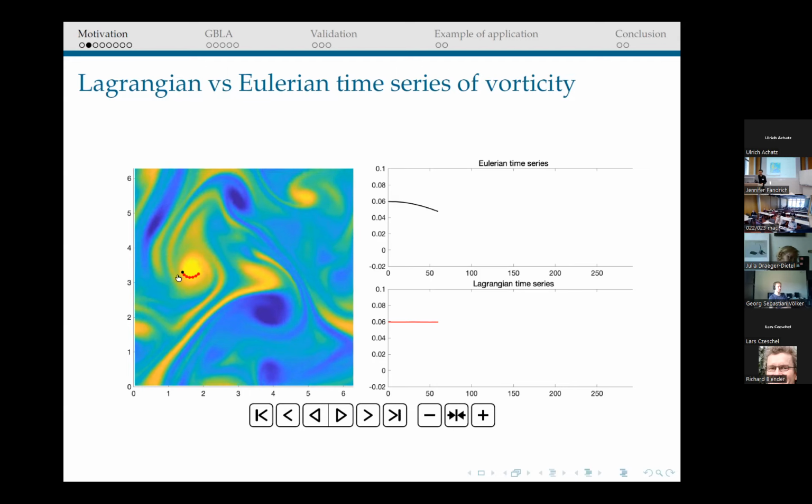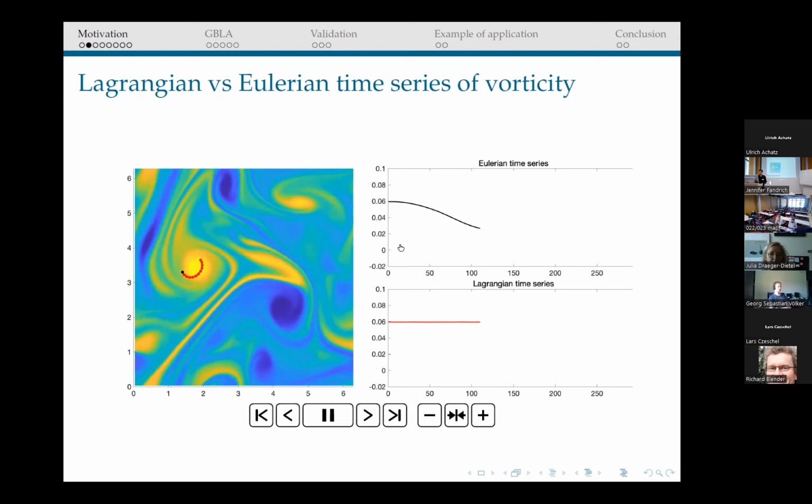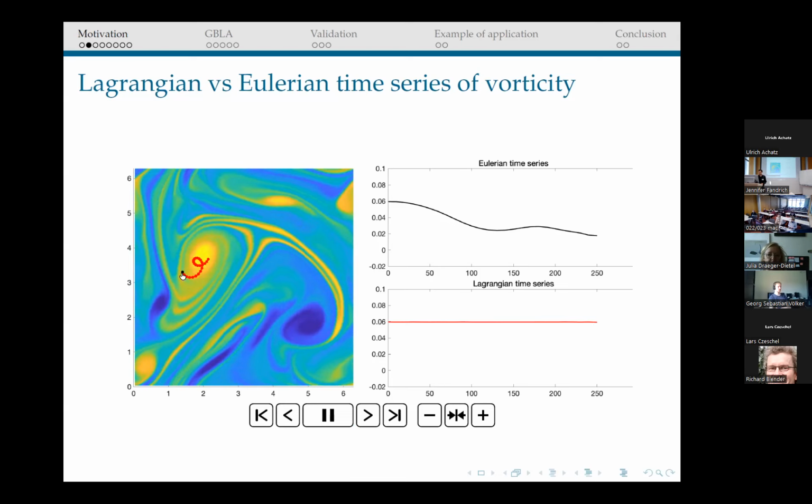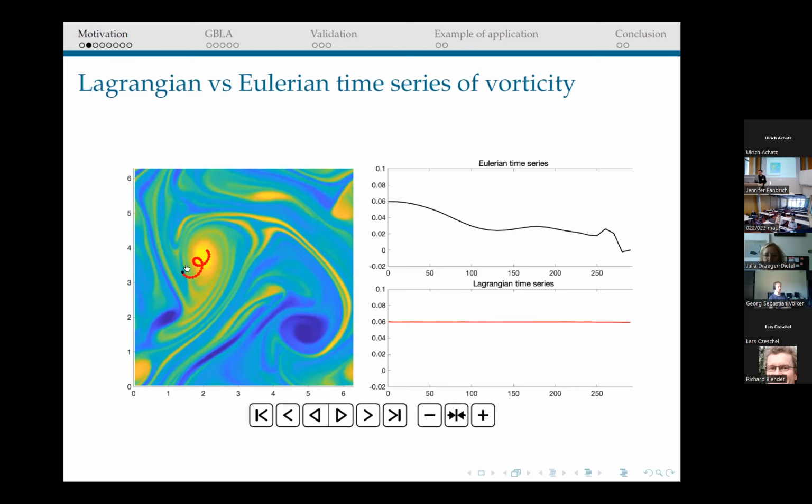As you can see, these red dots are the trajectory of the particle started from the black dot. To the right, I'm showing you the time series of vertical vorticity measured at this fixed black point, and the red one is the same quantity, vorticity, along the particle trajectory.